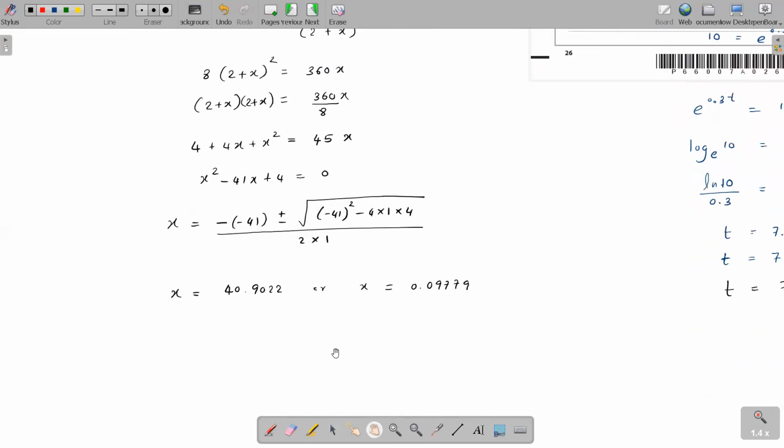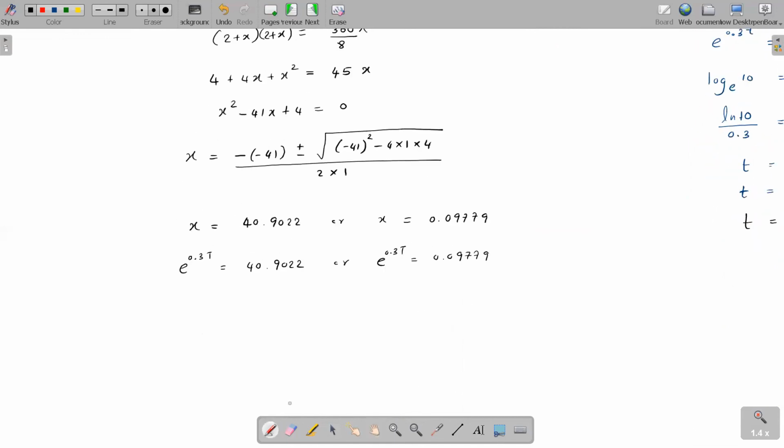Remember that. Replace it back, and then you can turn log to index. So log base e of 40.9022 equals 0.3t, or log base e of 0.09779 equals 0.3t.